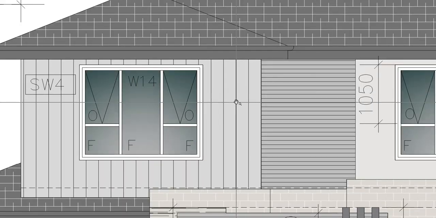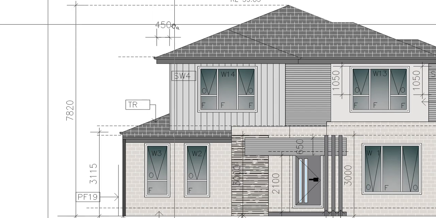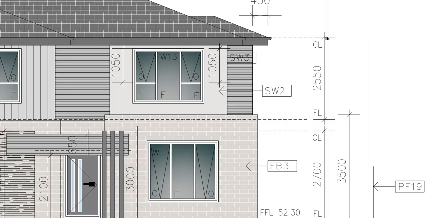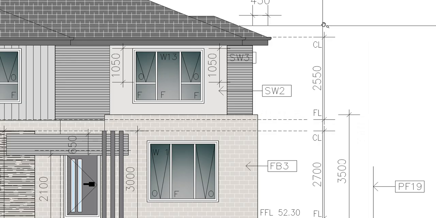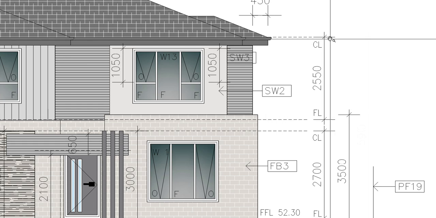If there are bricks or any framing, that will go from floor to ceiling. Here you can see this is the floor and this is the ceiling. The inner frame goes from floor to ceiling. Bricks always go from floor to ceiling.